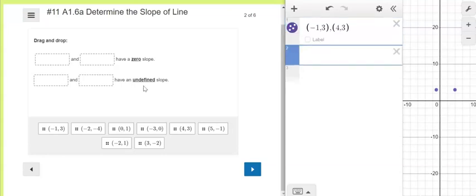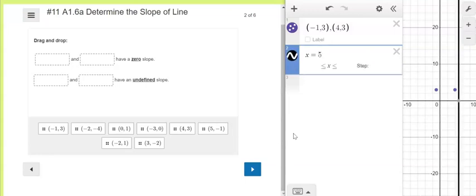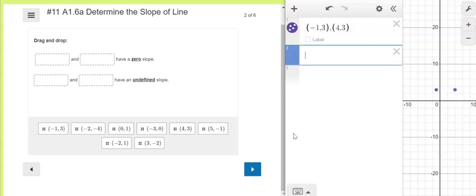And then an undefined slope is always going to be a line that has x equals something, which means the x coordinates are going to be the same. So let me find two points that have the same x coordinate. These two right here.